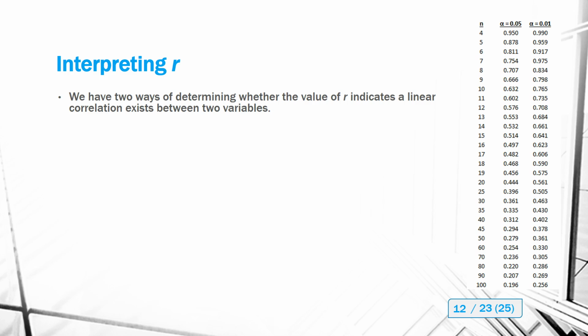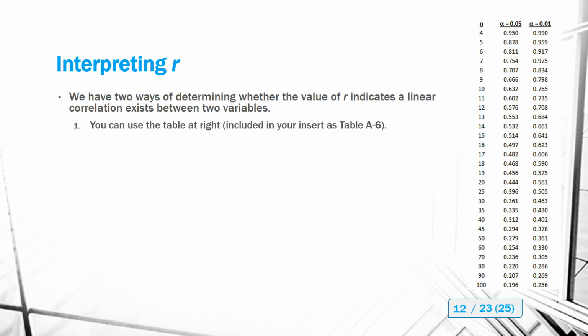So how do we determine whether or not an r value is strong enough to indicate that our variables have linear correlation? This is where we get the critical r value table that you see there on the right. This is one of the things we can use to answer that question.